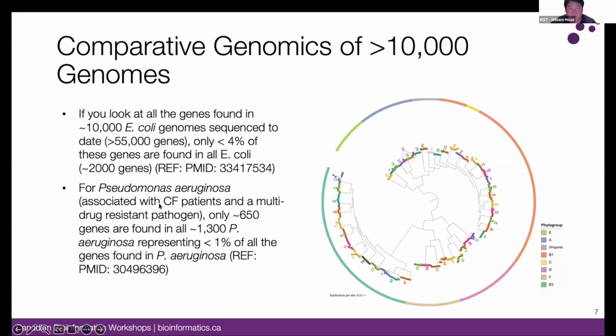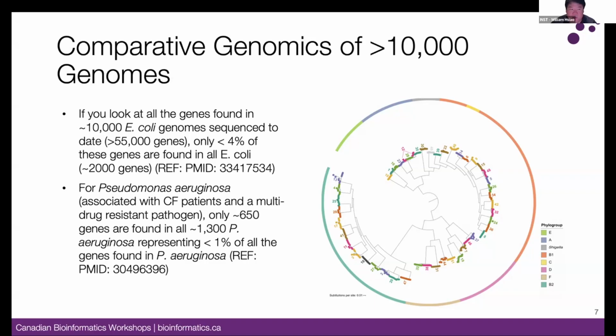And you take another extreme case of Pseudomonas aeruginosa, which is a pathogen that's associated with cystic fibrosis patients, and it's an organism that's able to pick up and develop resistance to antibiotics, so it's a multi-drug resistant pathogen. Only about 650 genes are found in roughly 1,300 P. aeruginosas studied.